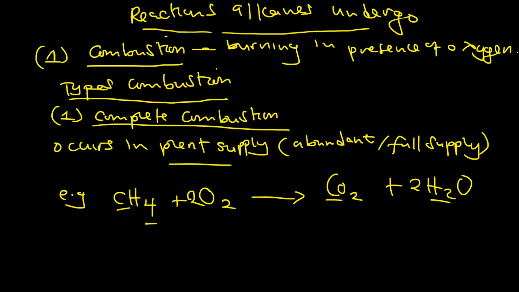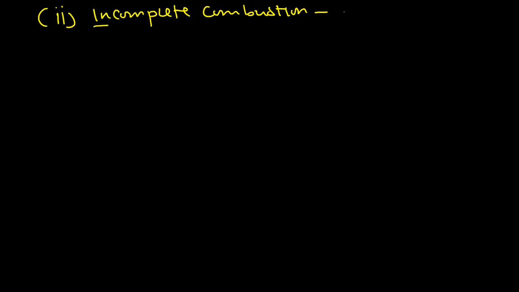Now, if there's a limited amount of air or oxygen, incomplete combustion occurs. So another type of combustion is called incomplete combustion. Incomplete combustion is where the compound partially burns, or burns in a limited supply of oxygen.